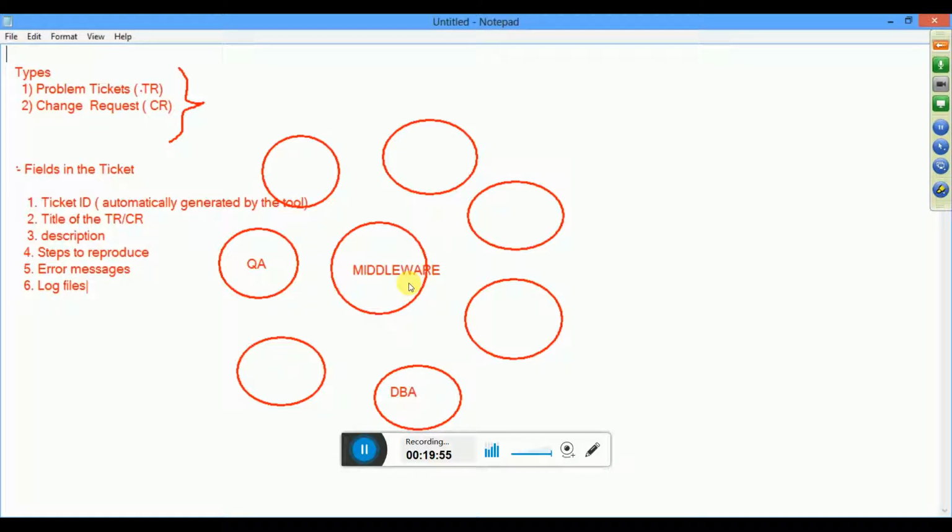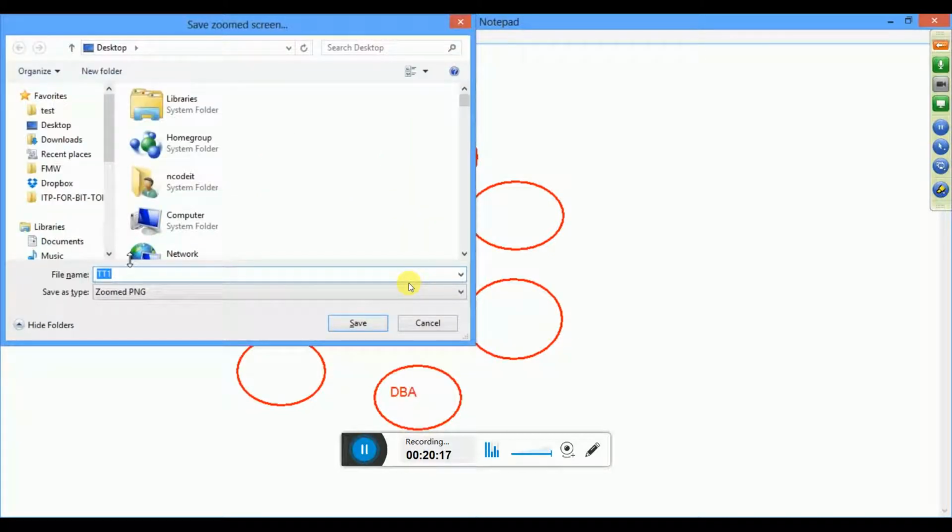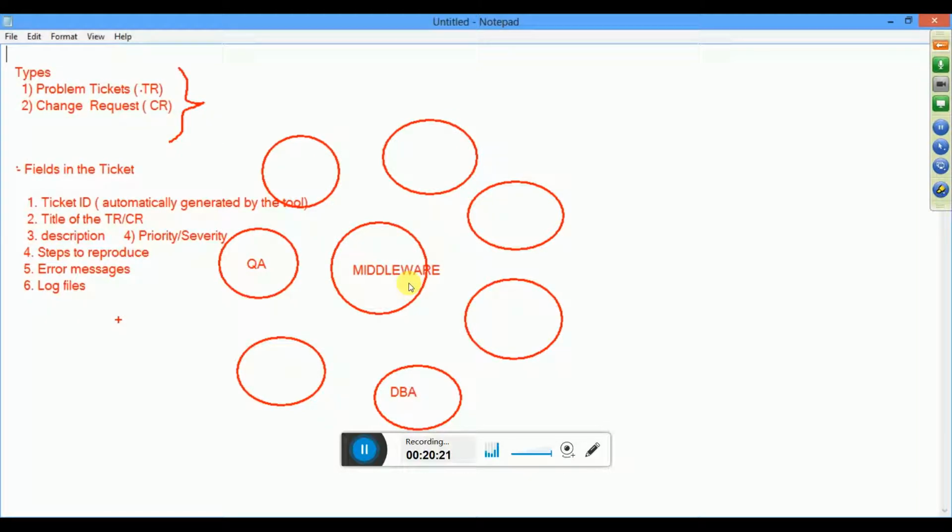Apart from this, there are certain important things after the description. The fourth thing is the priority of the ticket. The priority is also called severity. The priority of the ticket is really important. When you complain about a problem to customer care, you tell them whether it's urgent or can be done leisurely.